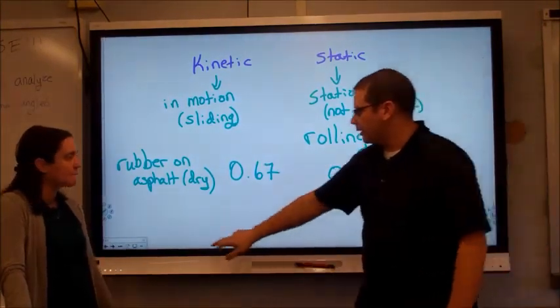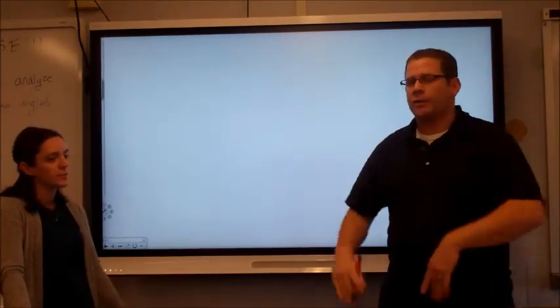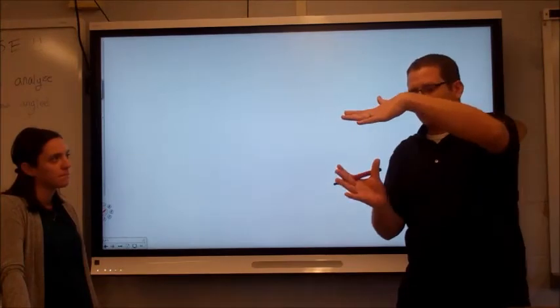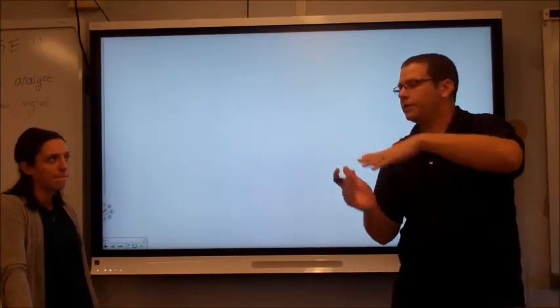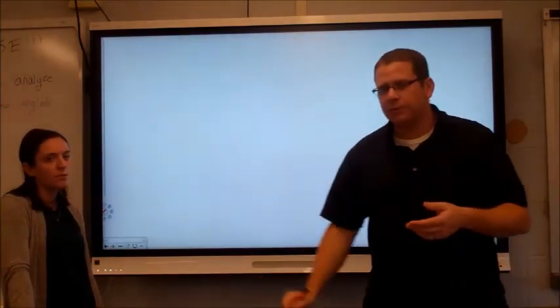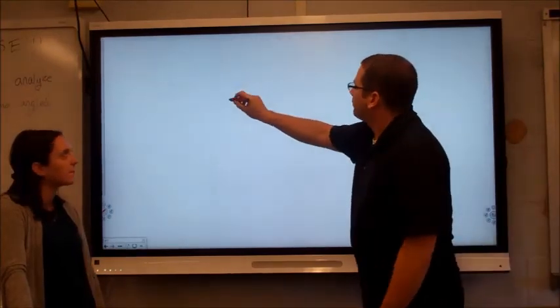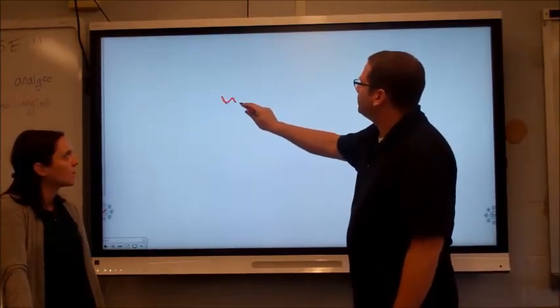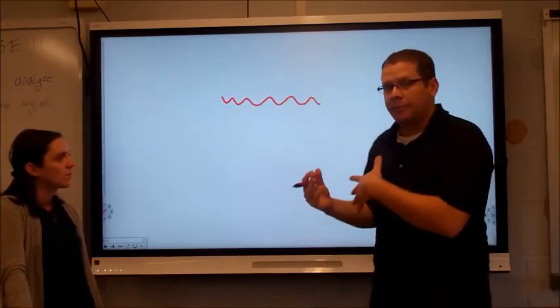The reason being, if we go to another slide here, if we take, let's say, a textbook on top of the table, if you take a microscope and zoom into that connection between the textbook and the table, even though the textbook feels really smooth and the table feels really smooth, they're not that smooth microscopically. So if this is the bottom of my textbook, it's got some bumps and grooves on it microscopically.